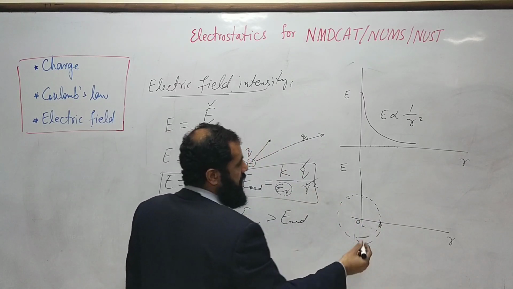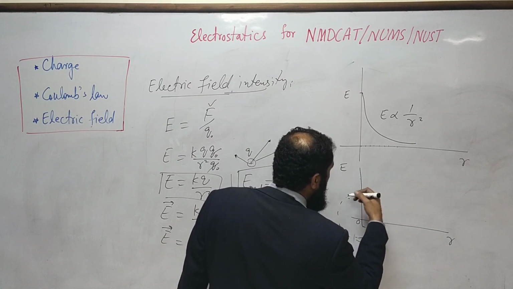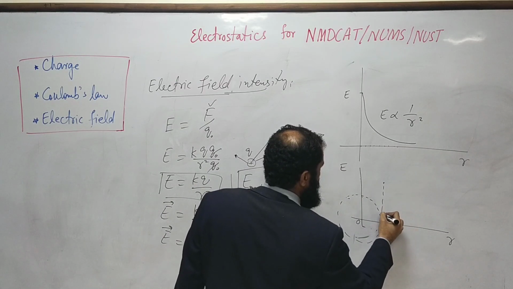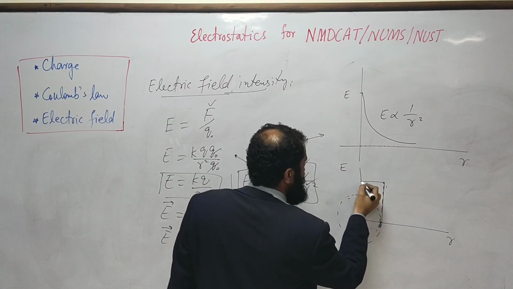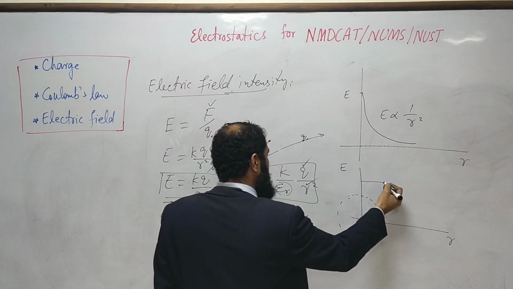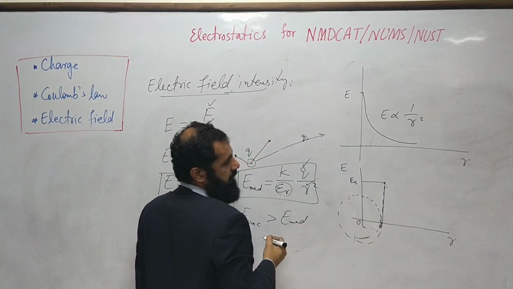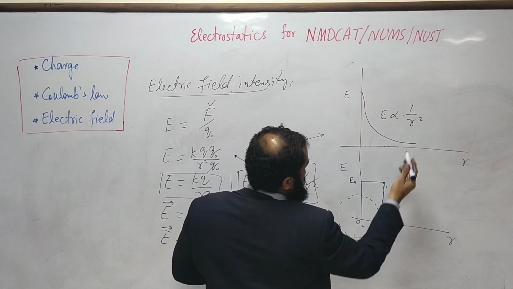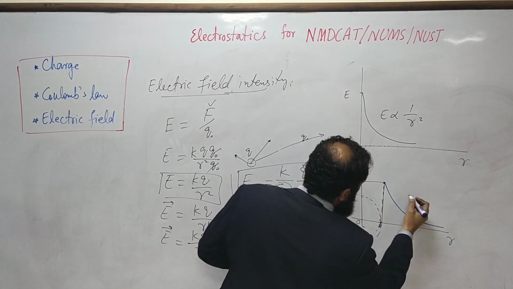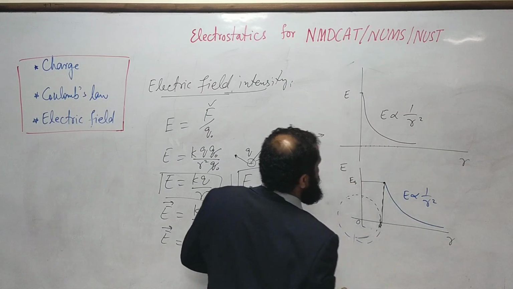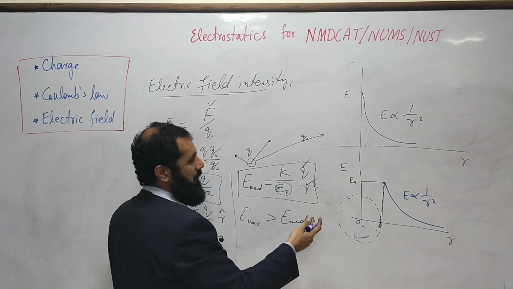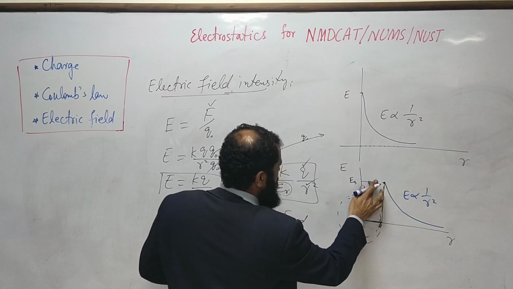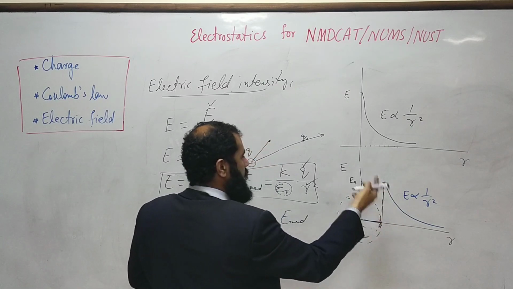And outside that conducting sphere, the field is maximum. So this is some maximum field here, E at surface. And then after that surface, the field is once again proportional to 1 by R square. So here it is 0, and then at the surface it is maximum.